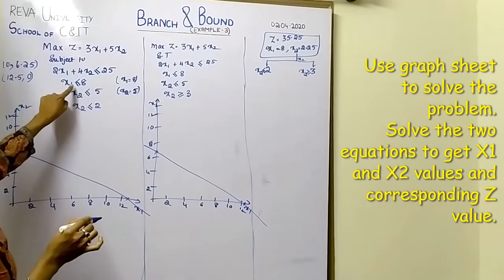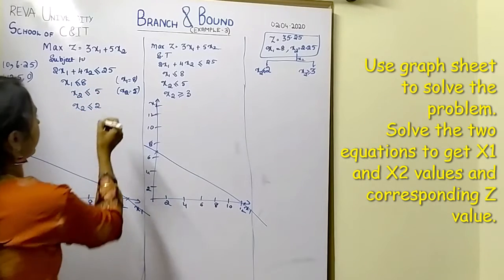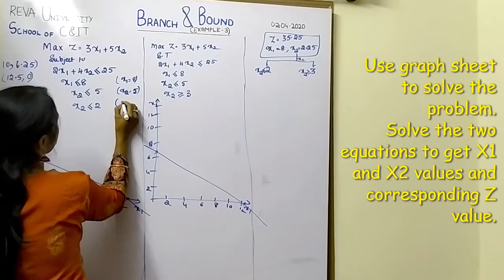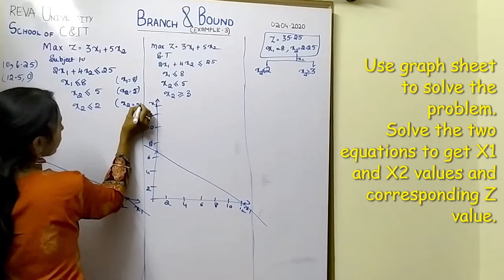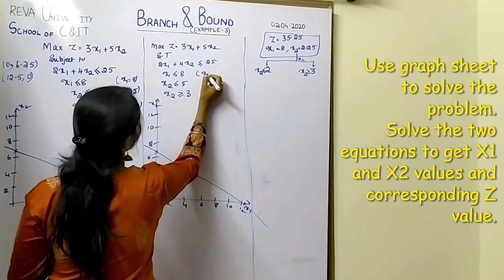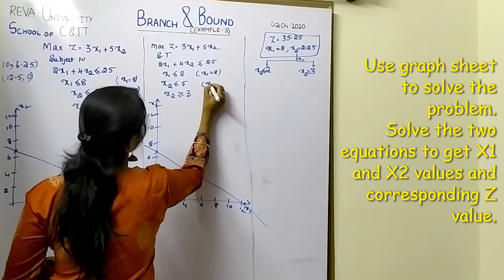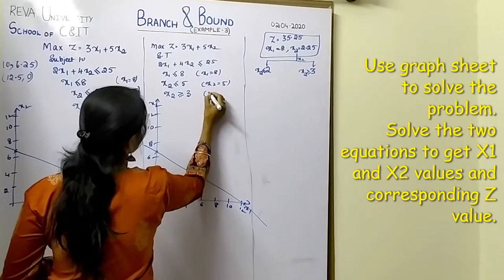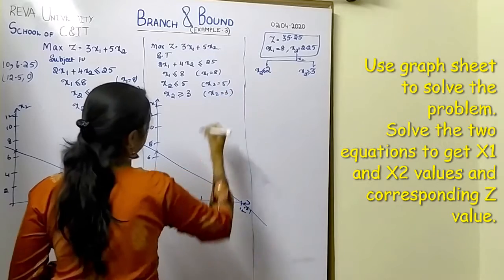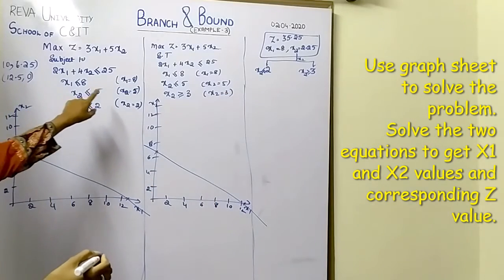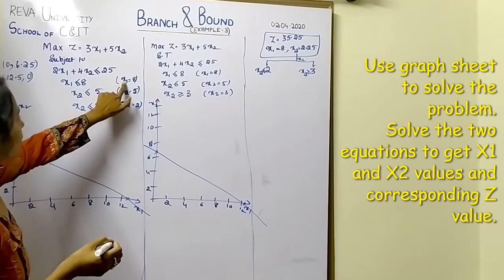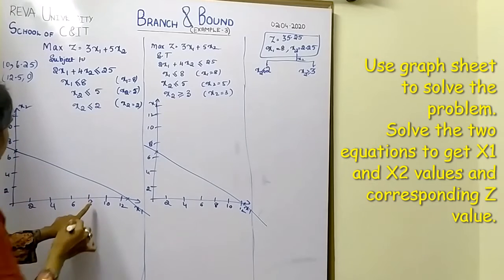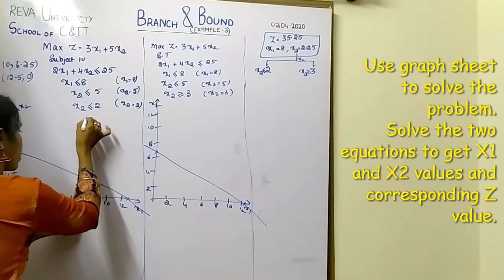Now consider this. x1 is equal to 8, x2 equal to 5, x2 equal to 2. Here also x1 is equal to 8, x2 equal to 5, x2 equal to 3. Draw the line x1 is equal to 8. So your point is here.